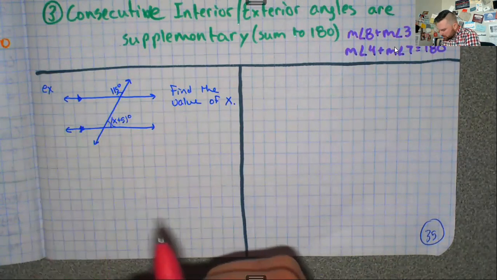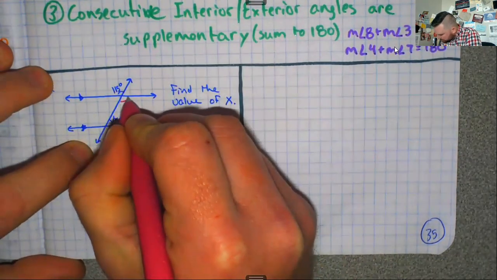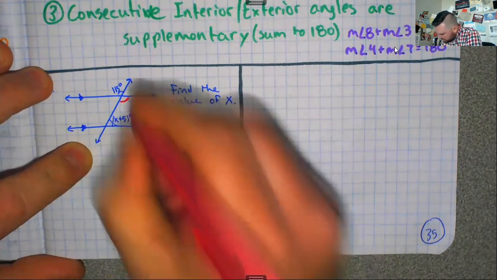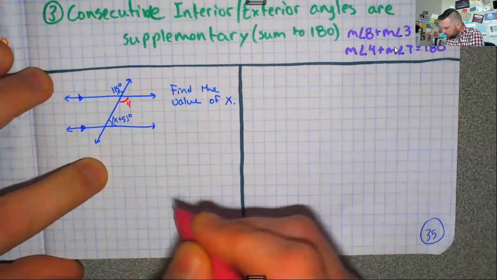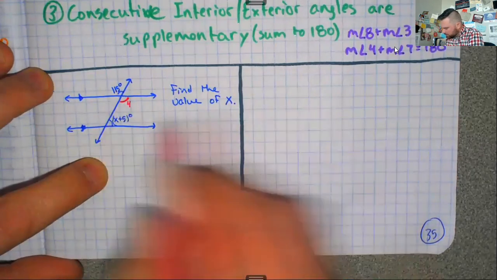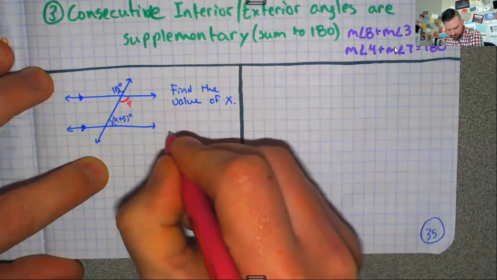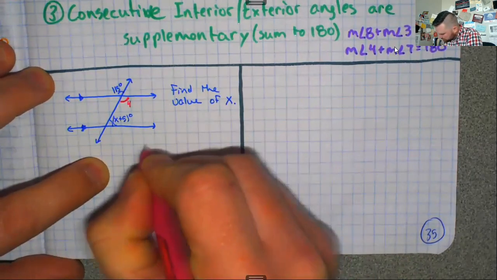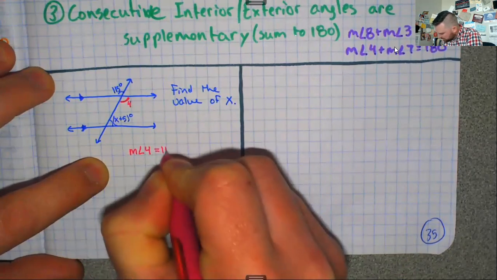But if we look at this angle right here, let's call this angle angle 4. 1, 2, 3, 4. It doesn't matter what you call it. So I know that the measure of angle 4 equals 115 degrees.